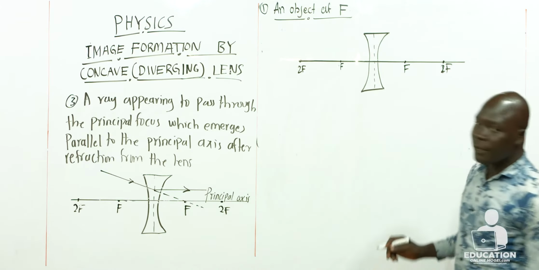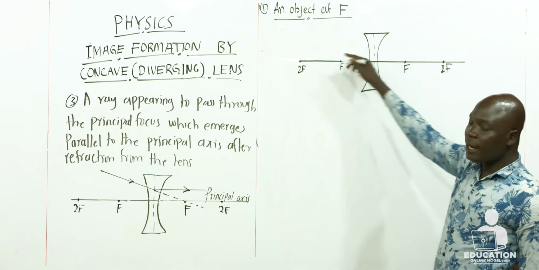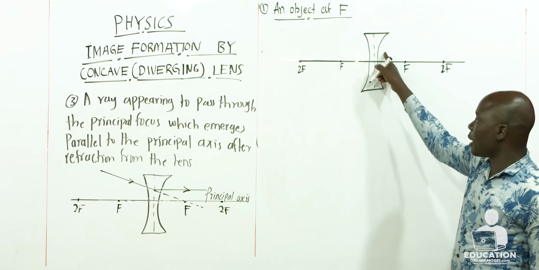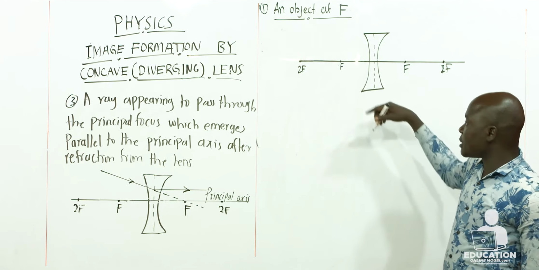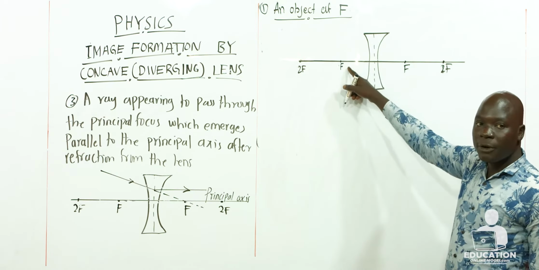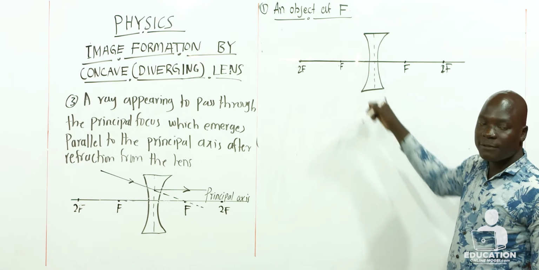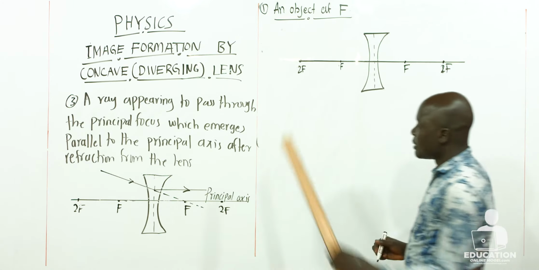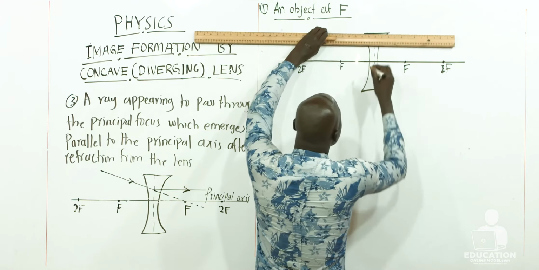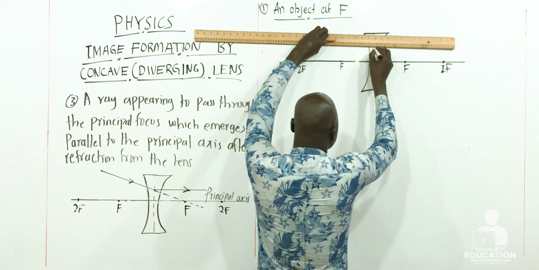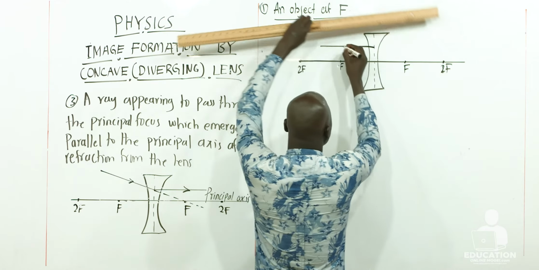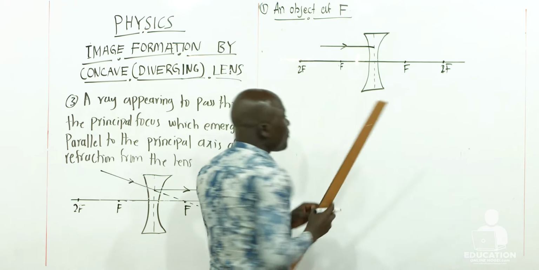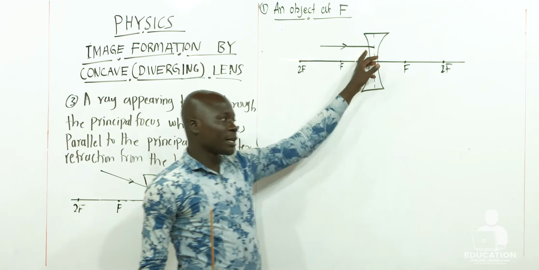Now the first ray that we are going to use is a ray parallel to the principal axis, which appears to diverge from a point called the principal focus after refraction from the lens. So this ray is parallel to the principal axis.